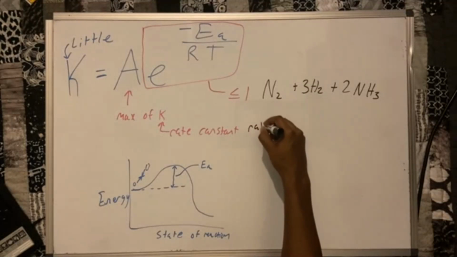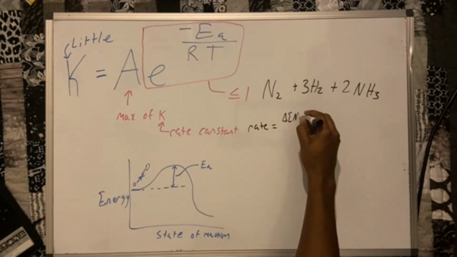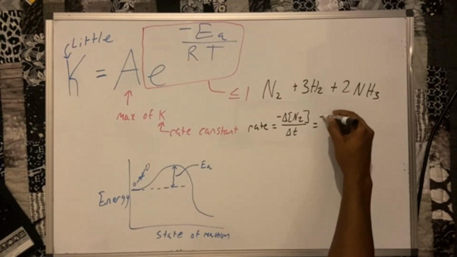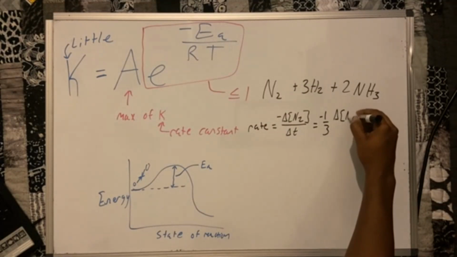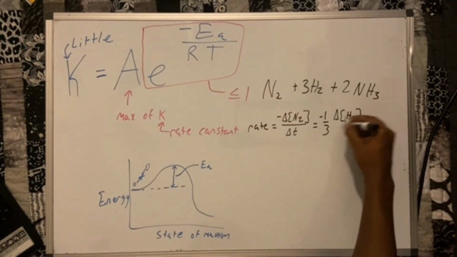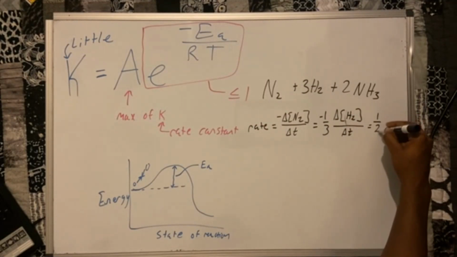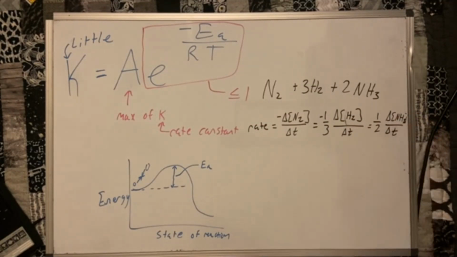Remember, we had rate equals the change in concentration of N2 over delta T, this one's negative, equals negative 1/3 delta H2 over delta T equals 1/2 delta NH3 over delta T. Remember that?